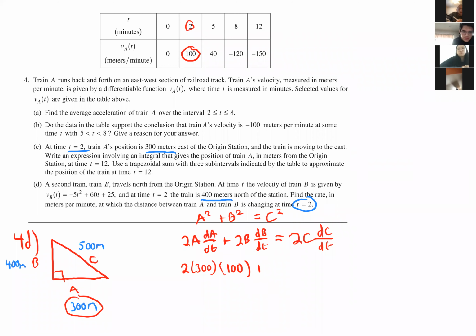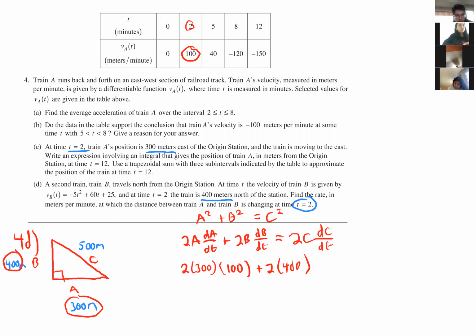Okay, so then I have 2. We know B is 400. And then to find dB over dt, is that given anywhere? I think we have to find it, Mr. Morse. Oh, we have to find it.